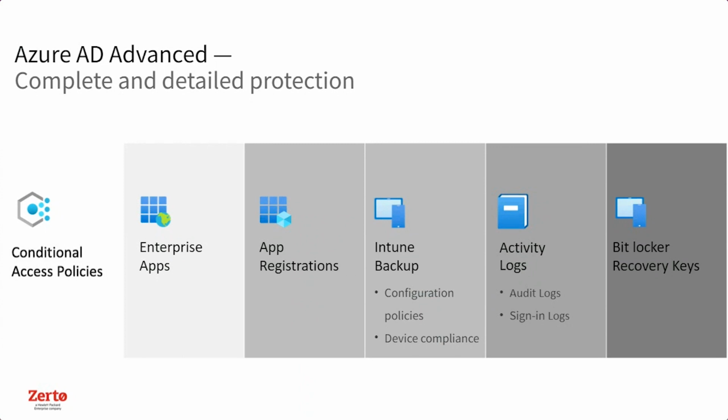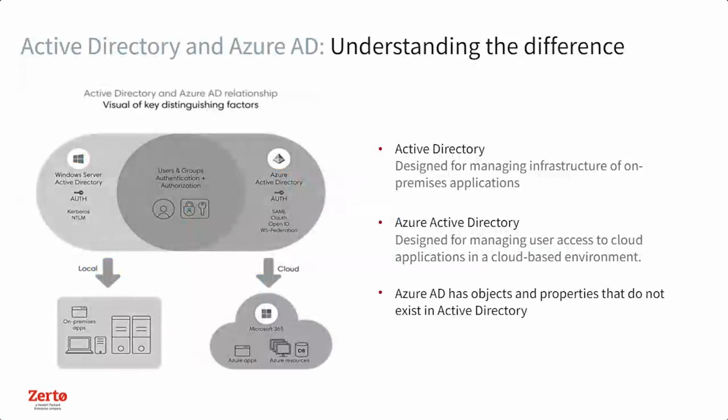And so where this really starts to drill down and become extremely important is how Microsoft looks at AD on-prem versus Azure AD. There are 2 different ways of how Microsoft handles it.